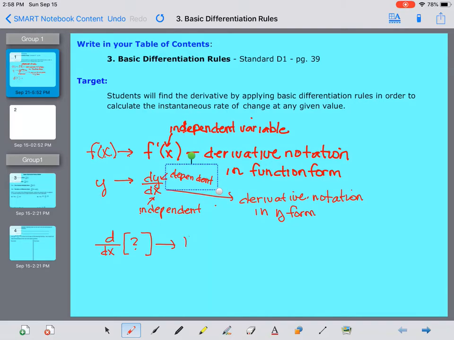This means find the derivative of whatever's in our brackets there. Okay, so just a couple things to kind of get you into the hang of when we write that mathematics, what that mathematics means, using that proper notation in the proper setting. Okay, so let's get down to the laws now.